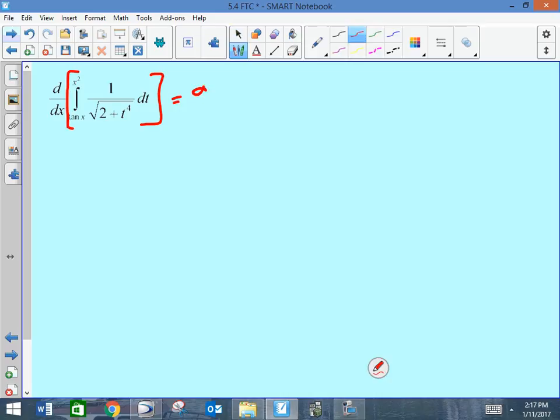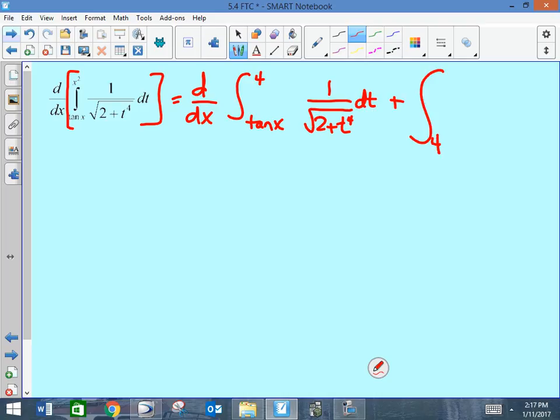I'm going to split that integral into tangent of x to, give me a number, any number. And then I can start with that to x squared. And that's the same integral, right? Just spread it out a little bit.